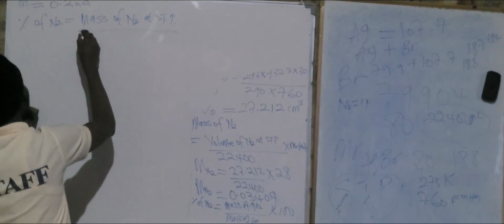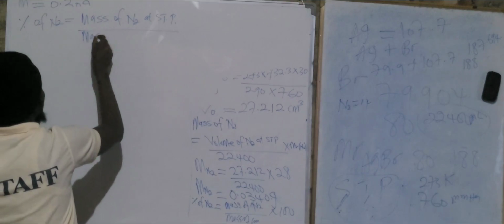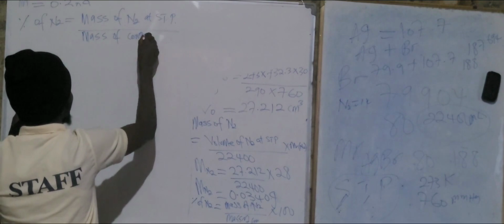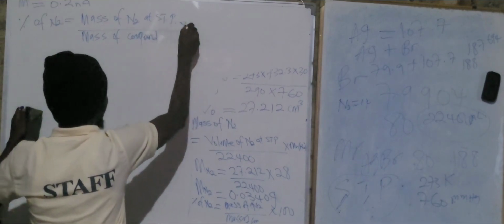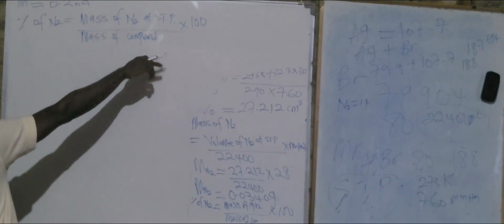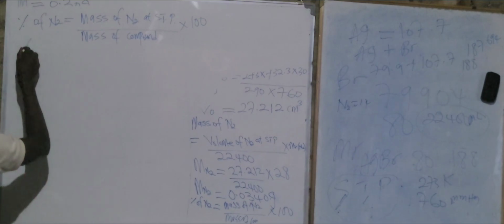Are we okay here? We are multiplying by 100 because we are talking about percentage.